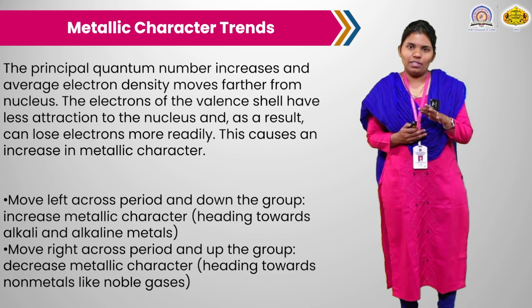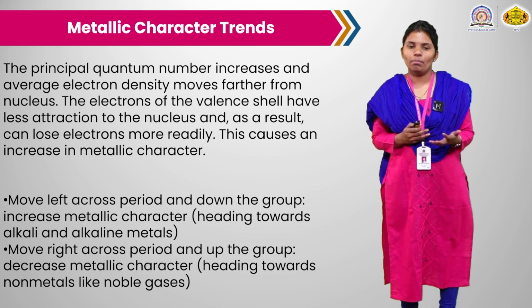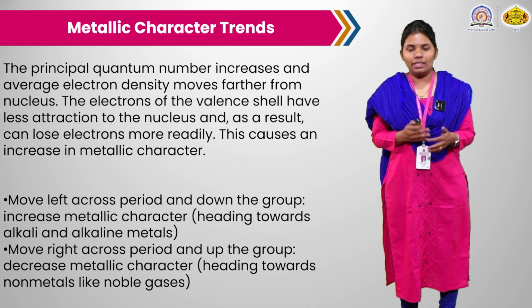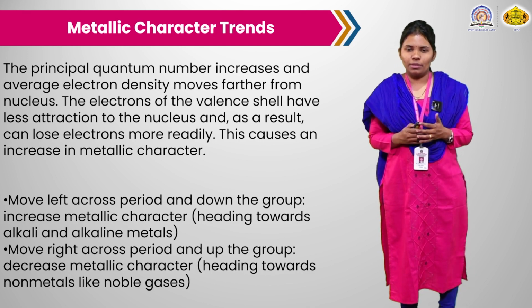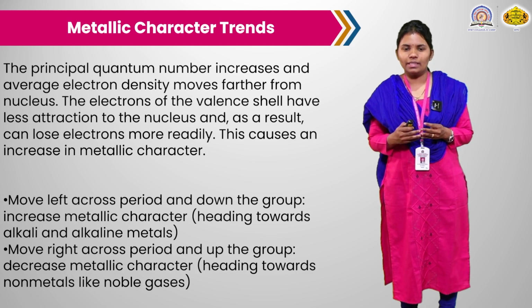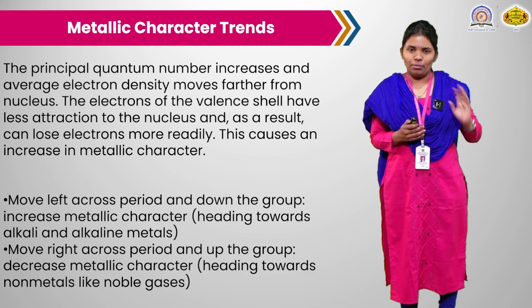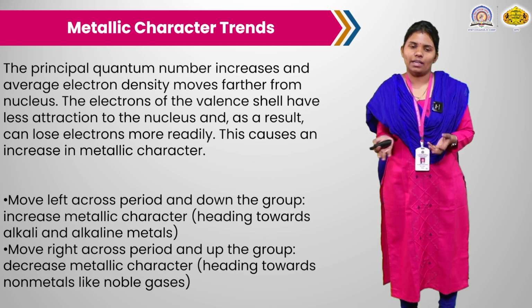As it can lose 1 electron more easily, it shows the properties of a metal. Moving left across a period and down the group, metallic character increases. Moving right across the periodic table and up the group, metallic character decreases. So you can say that on the left of the periodic table there are metals, and on the right there are non-metals.